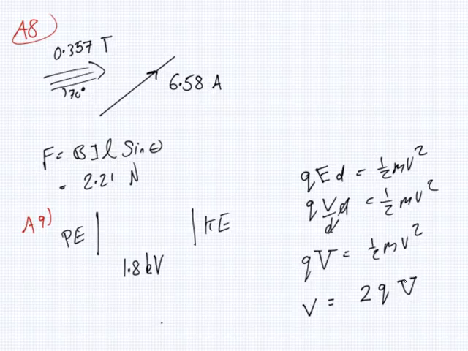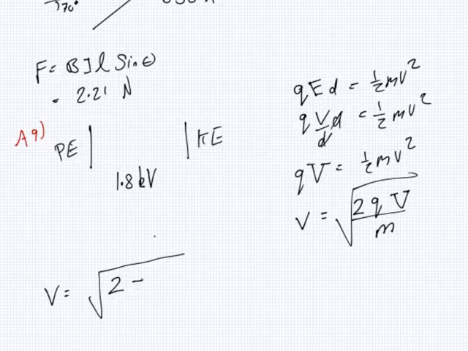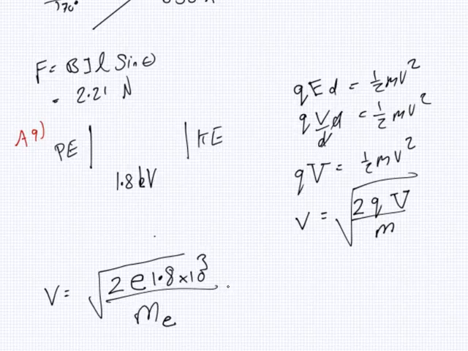2qV over m, square root. So the velocity is the square root of twice the charge of an electron times the voltage, which is 1.8 kilovolts, all over the mass of an electron. Which formula?